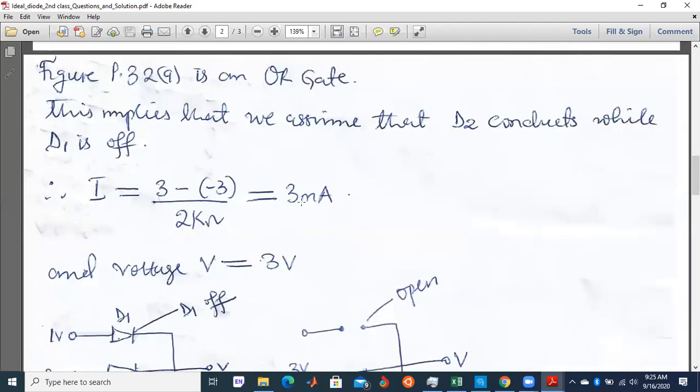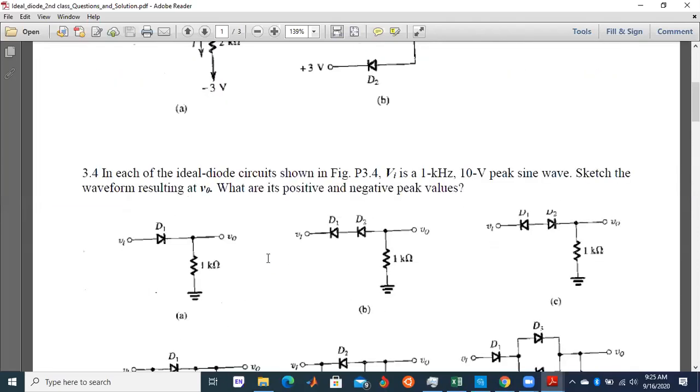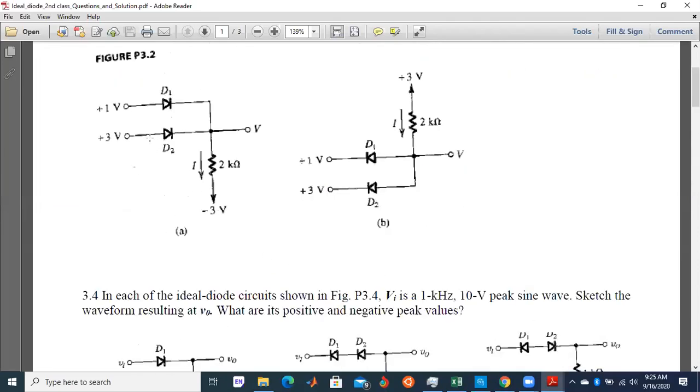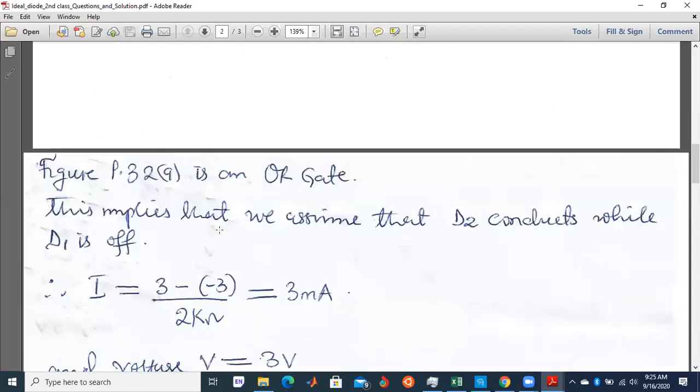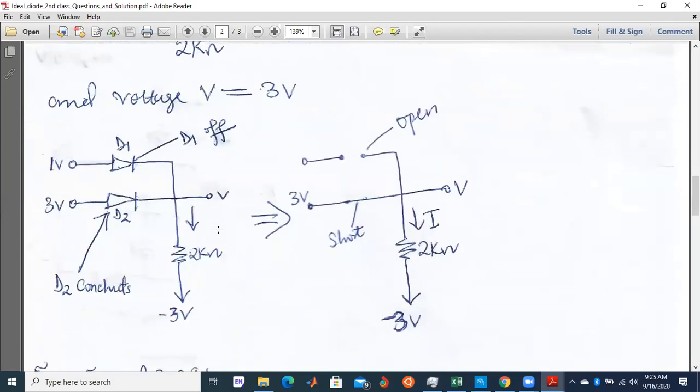And that one gives us 3 milliamps. And the voltage, of course, will equal to plus 3 volts, because this one is replaced by wire. The voltage here will also be fed here. So this is the analysis.